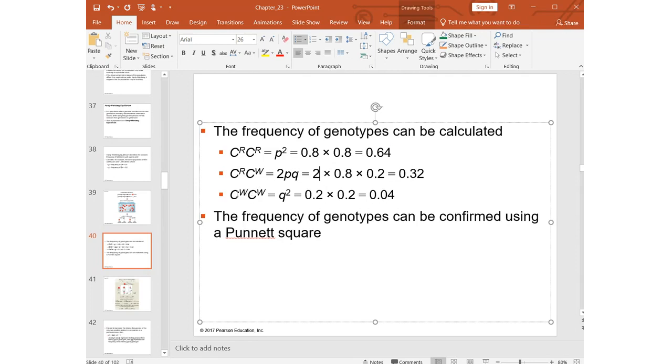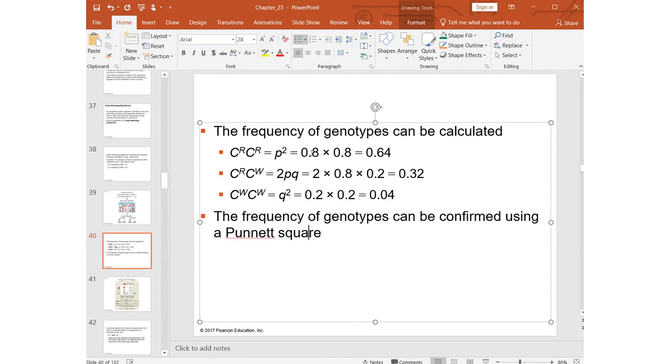And then here, with the white alleles, q squared, in other words 0.2 times 0.2, equals 0.04. And so the frequency of genotypes can be confirmed using a Punnett square.